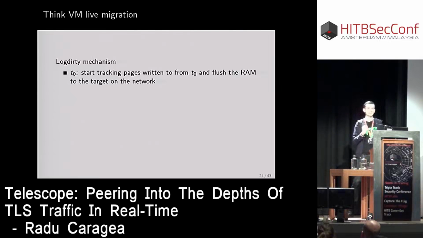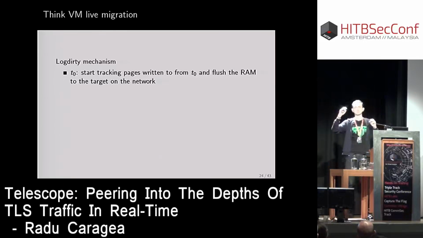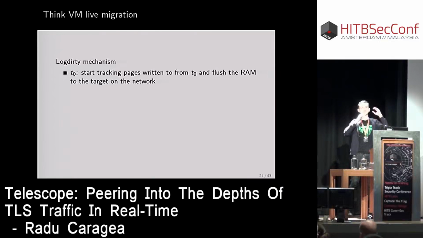It has a mechanism called log dirty, which is exactly what we need. It logs dirty, modified pages. What you do is you issue this mechanism, and all the memory gets flushed on the network to the Amsterdam data center. Okay, but the first machine is still active, right?